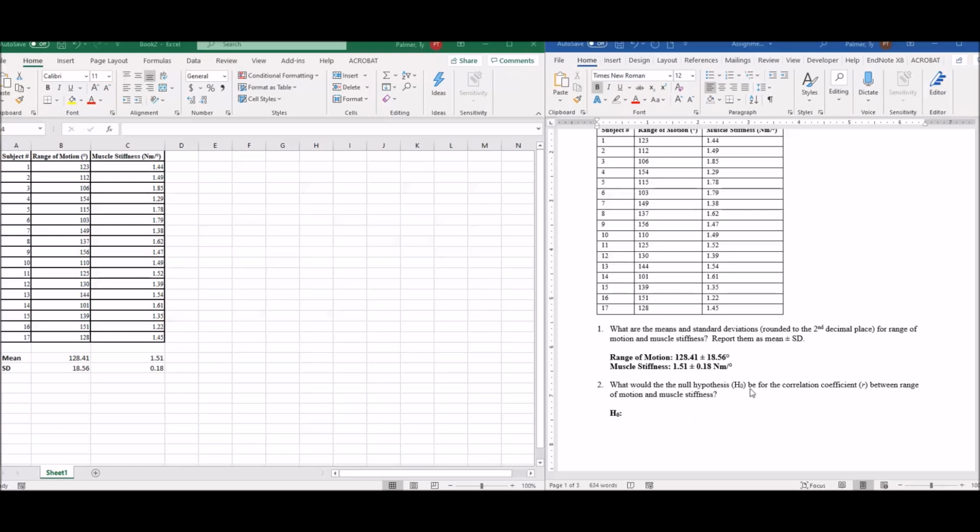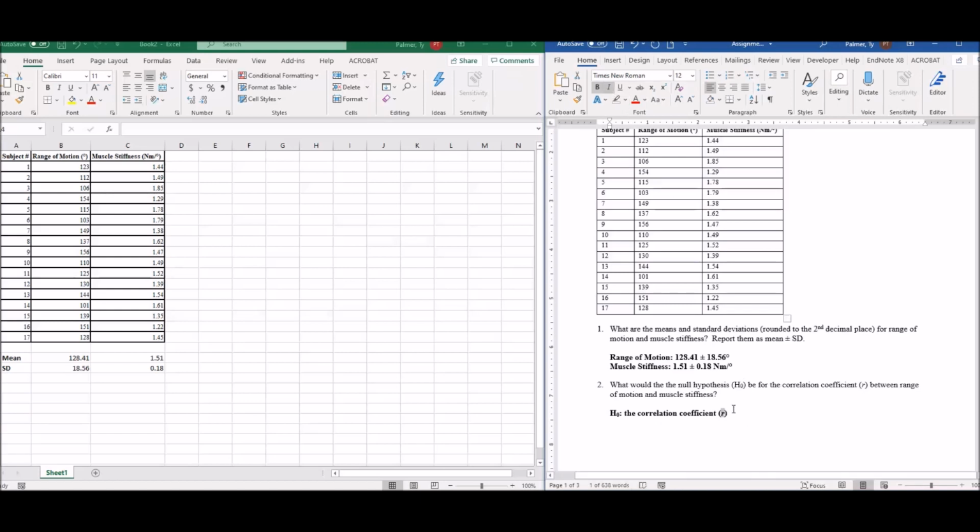Now, if we want to get a little bit more specific, especially given the question that was asked, the question is specific. It's between the variables that we're looking at, range of motion and muscle stiffness. You could expand upon this. So the null hypothesis in its simplest terms is R is not statistically significant. You could say the correlation coefficient, R, and I'll italicize that.